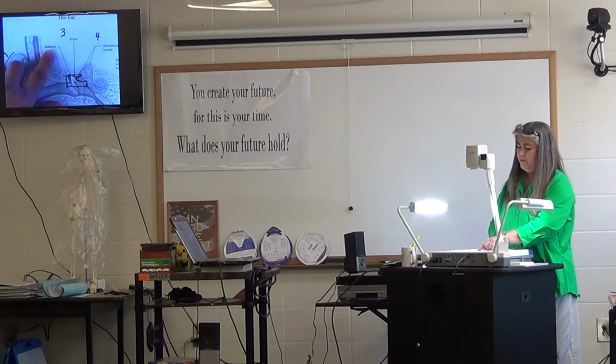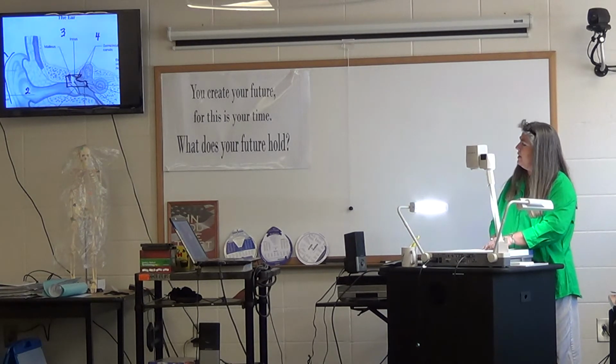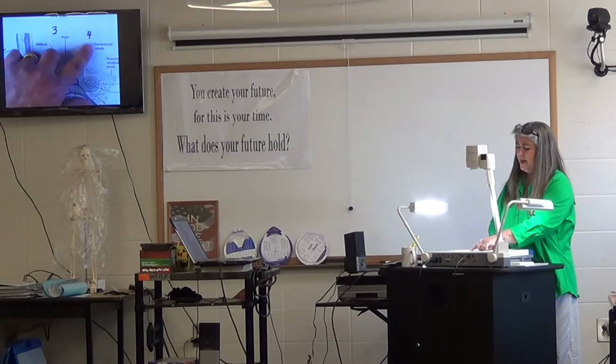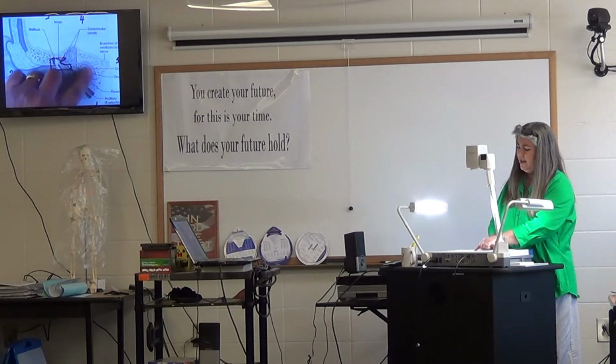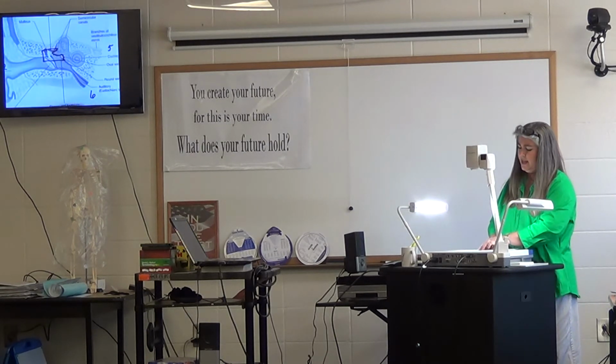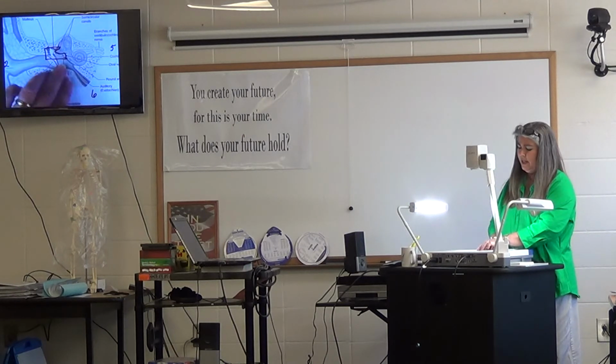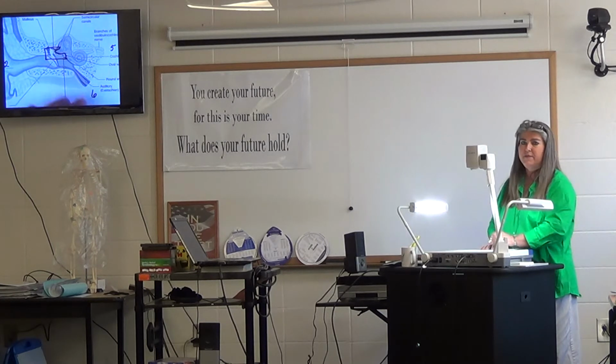Number three is your malleus, your incus, and your stapes, that are all bones of the middle ear. Number four are your semicircular canals that help you keep upright and balanced. Number five is your cochlea, which houses the organ of Corti. And then six is your eustachian tube in the middle ear that helps keep equilibrium even with the outside atmosphere.